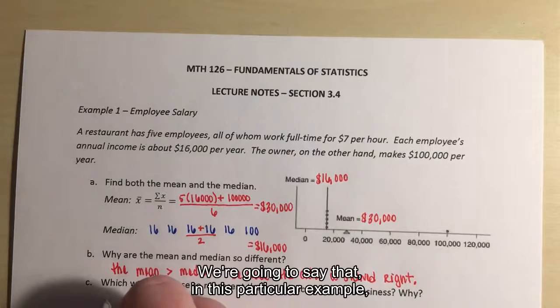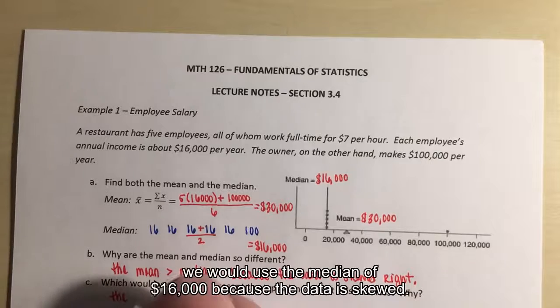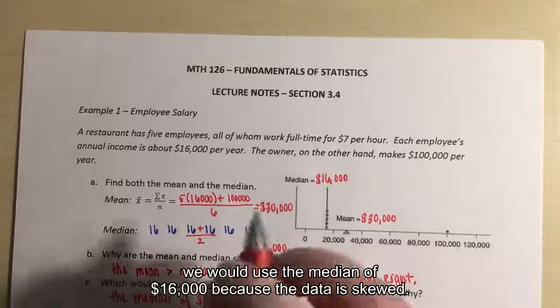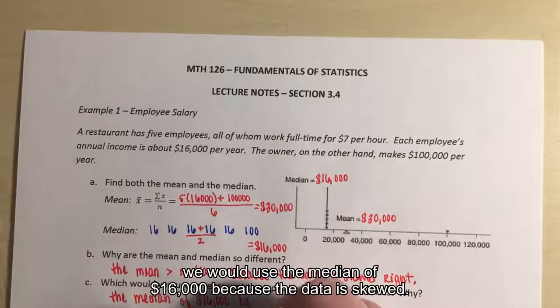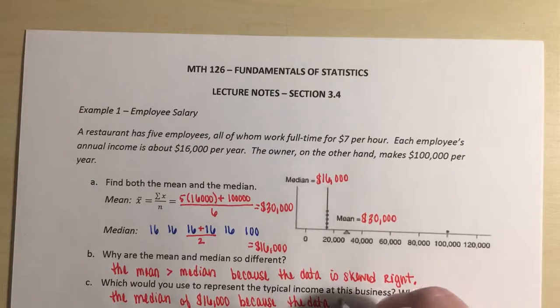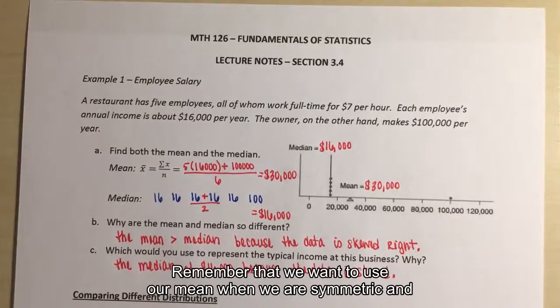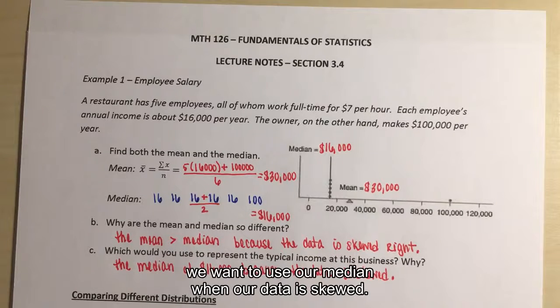So we're going to say that in this particular example, we would use the median of $16,000 because the data is skewed. So remember that we want to use our mean when we are symmetric, and we want to use our median when our data is skewed.